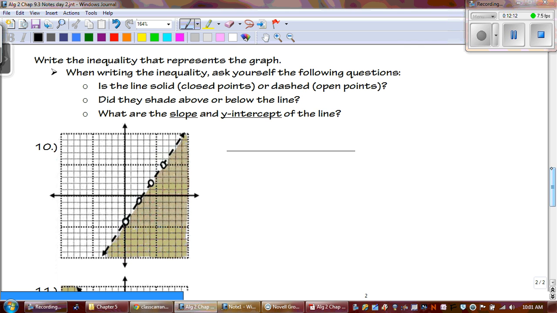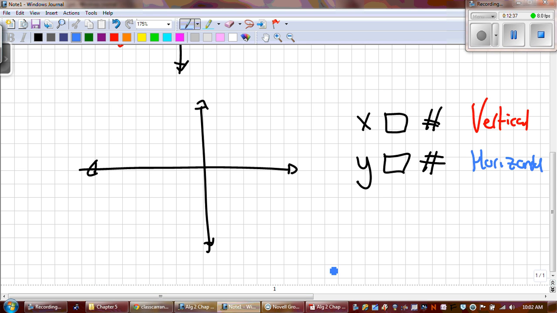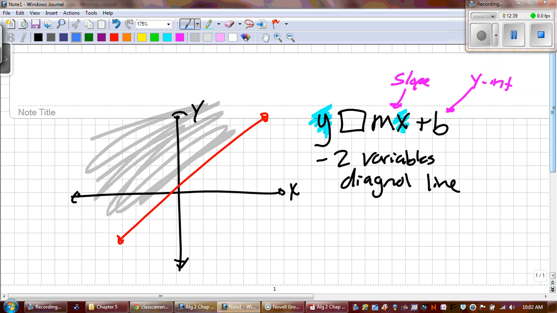Now, this side we said write the inequality that represents the graph. Okay? When writing the inequality, ask yourself the following questions. Is the line solid, closed points, or dashed, open points? Did they shade above or below the line? And what are the slope and y-intercept of the line? Okay? Now, remember, when it's diagonal, just with our little notes right here, diagonal means that it's got 2 variables.